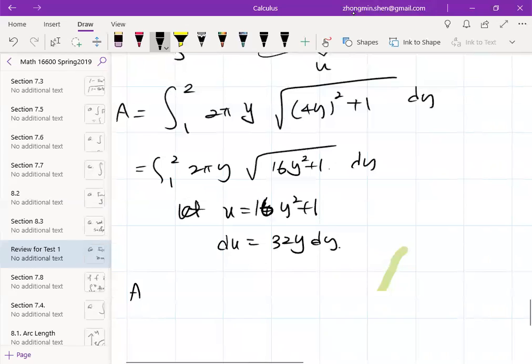And so the integral becomes, when y equals 1, the u variable is 17. When y equals 2, 16 times 4 is 64, 64 plus 1 is 65. 2 pi, and y is going to be divided by 32. And the u to the 1/2 du. Okay.